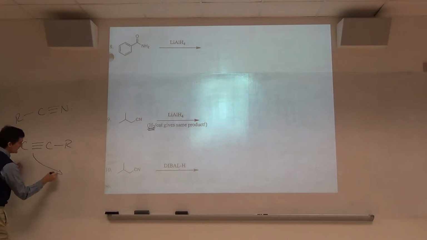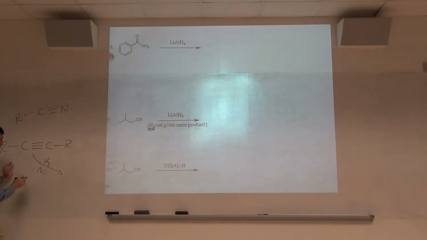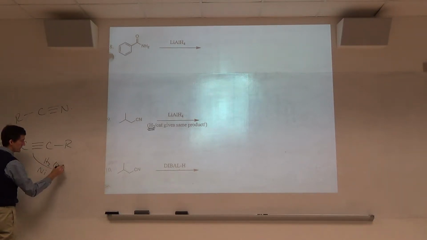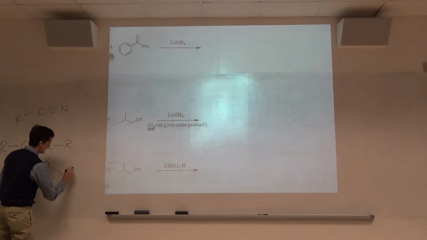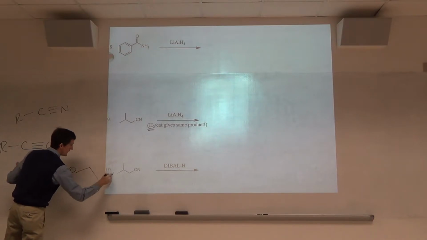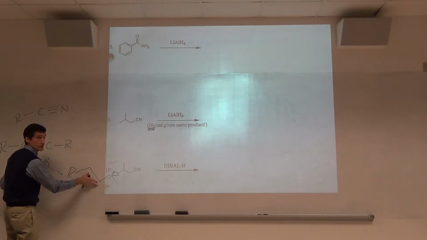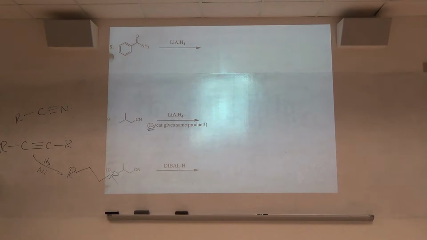What would happen if we reacted this with H2? With two equivalents. Well, you don't really need to say that, because we know what we get: CH2, CH2. Full reduction.